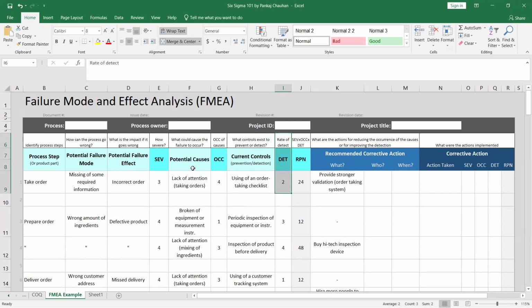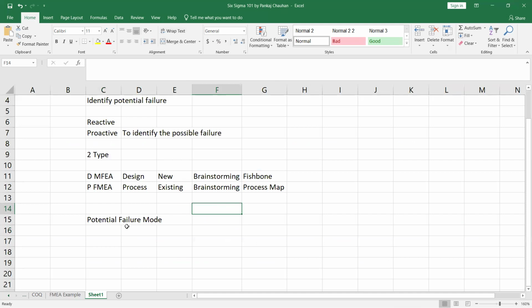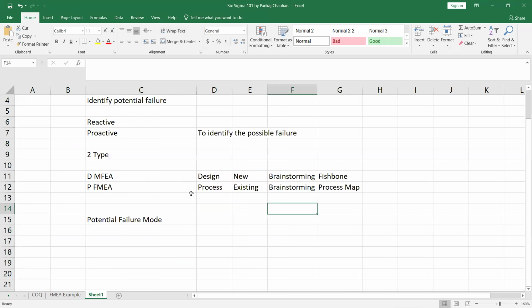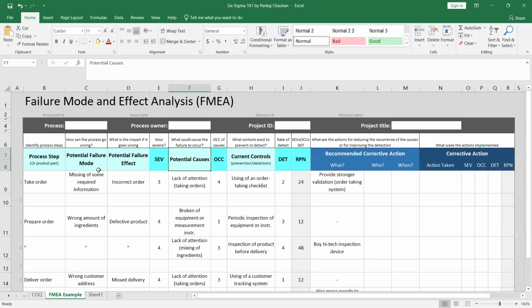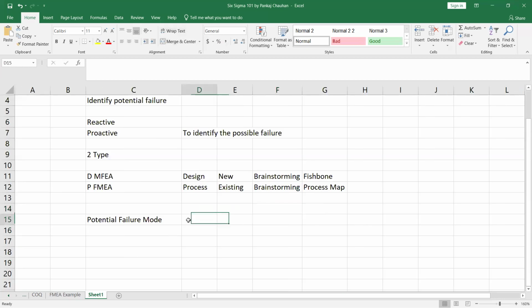When I was talking about the severity, occurrence, and detection, you have the potential failure mode. For each potential failure mode, once it is occurring, as you see here, you have the effect or impact of that. Each impact or effect will have a severity, and the severity ranking may go from low to high.